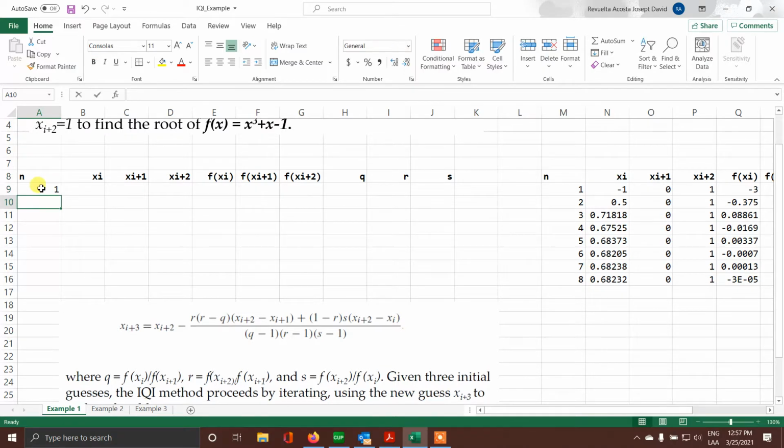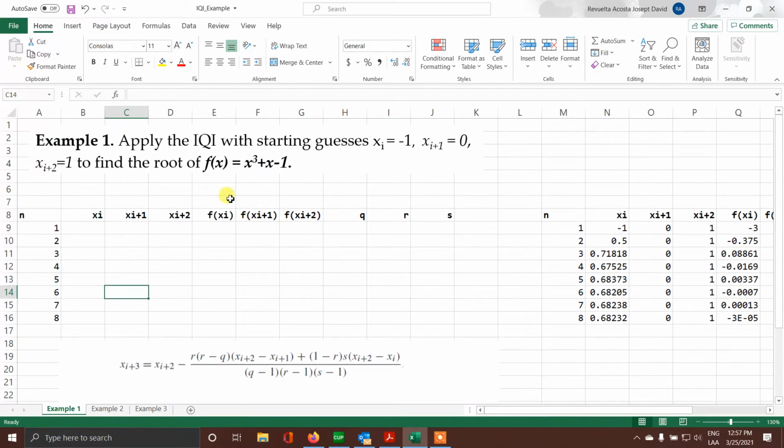So we have xi, which is equal to -1, then we have 0, which is xi plus 1, and we have xi plus 2, which is equal to 1. Okay, if you see the formula here, this is the function evaluating the xi value.